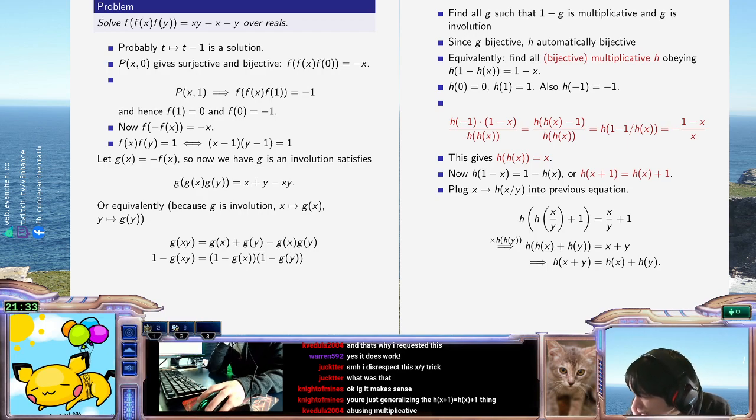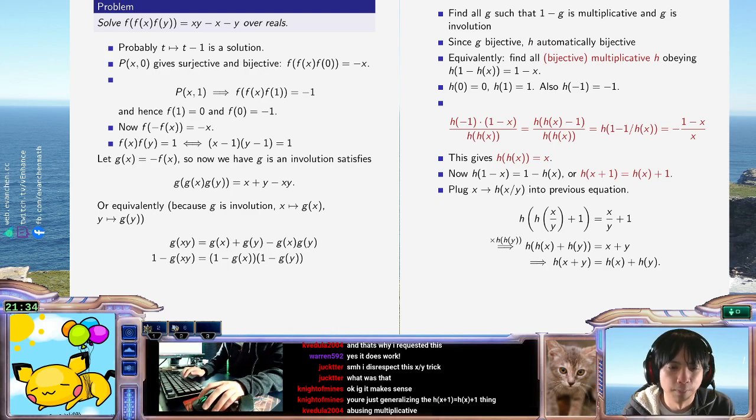I think there are more layers here than you need. You don't need to plug, it's like plug x equals a over b into the previous equation and multiply both sides by h of b, and then you get h of b times h of a over b plus 1.